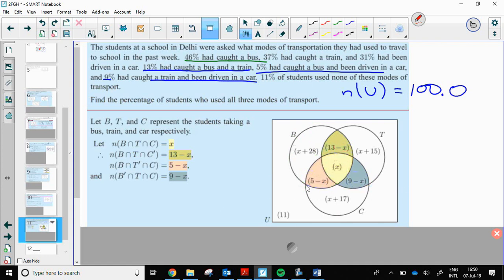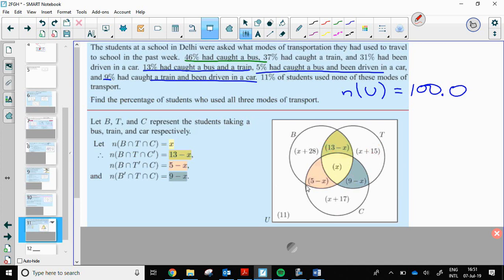And we'll do the exact same process with the other two. They both have an x plus, and then that number is just whatever is left over. So we had 37 for the train. 37 minus 13 is going to be 24. 24 minus 9 is going to be 15. So that's how we got that 15. And same idea for the 17 down there with cars.